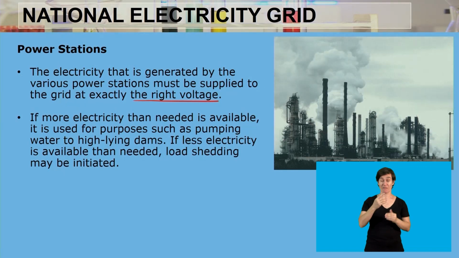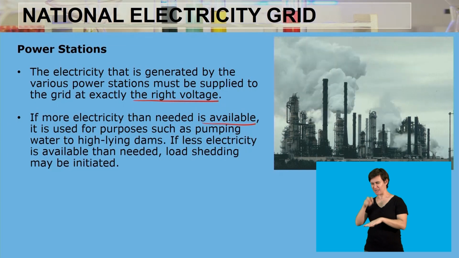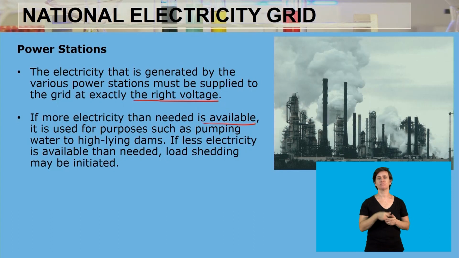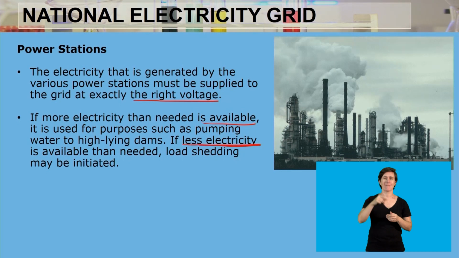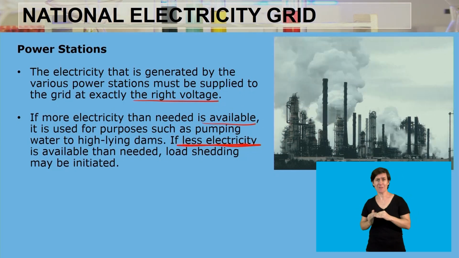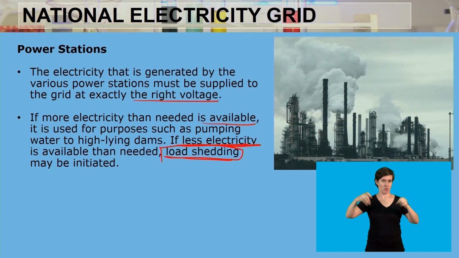If it happens that we supply more electricity than what we need, then the surplus is used for purposes such as pumping water to high-lying dams. However, if less electricity is available than what we need, then load shedding, as we know it, may be initiated.